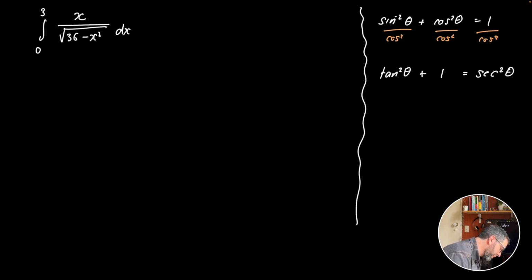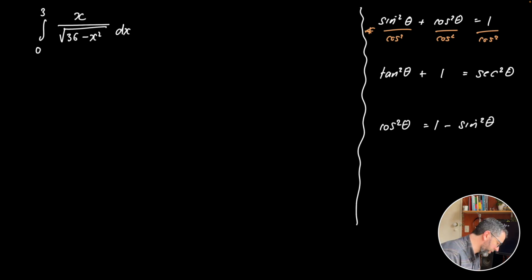So we have number minus x squared. My first trig formula can be rearranged into number minus x squared as well, by going cos squared theta equals 1 minus sine squared theta.